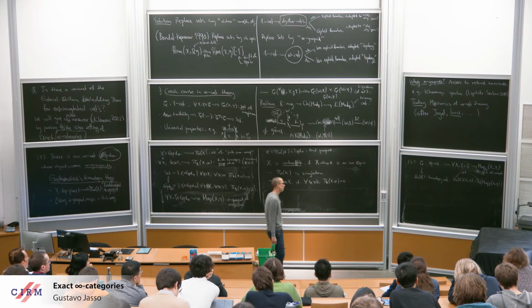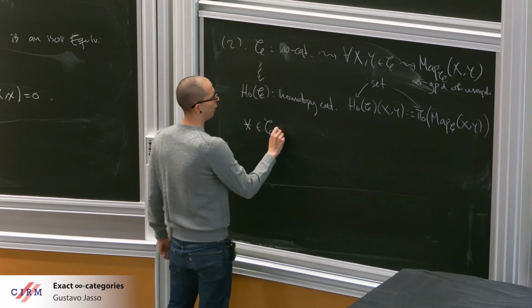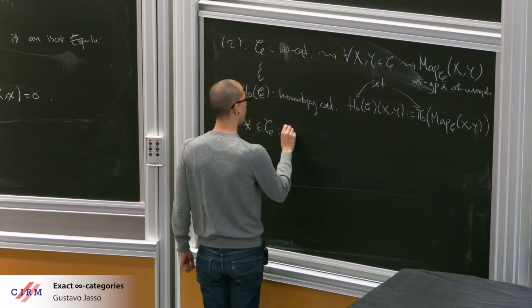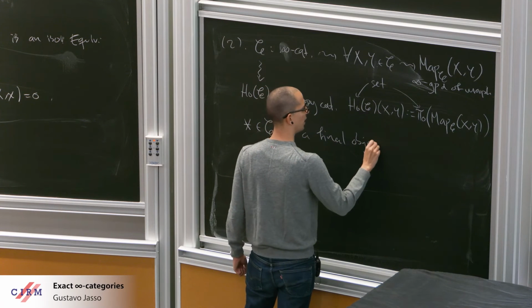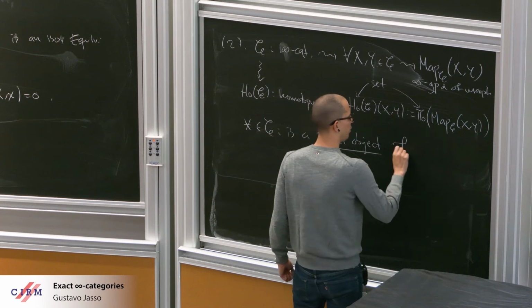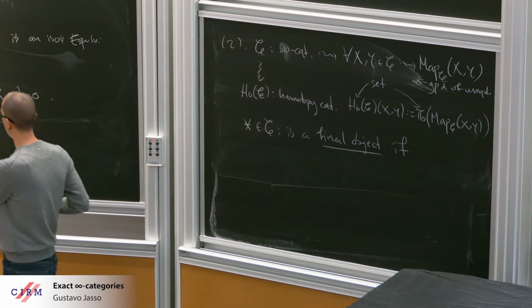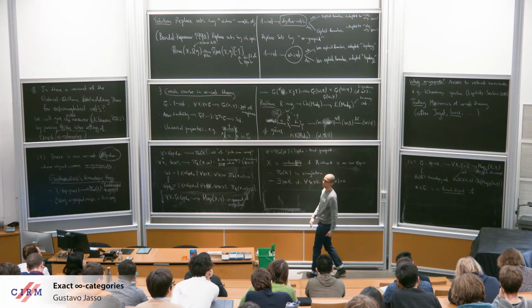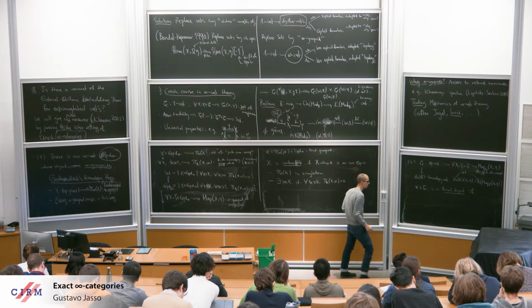And now I can say, for example, what it means for an object in C to be a final object. I can use my previous intuition from ordinary category theory plus the idea of what it means to have an essentially unique point in this context.